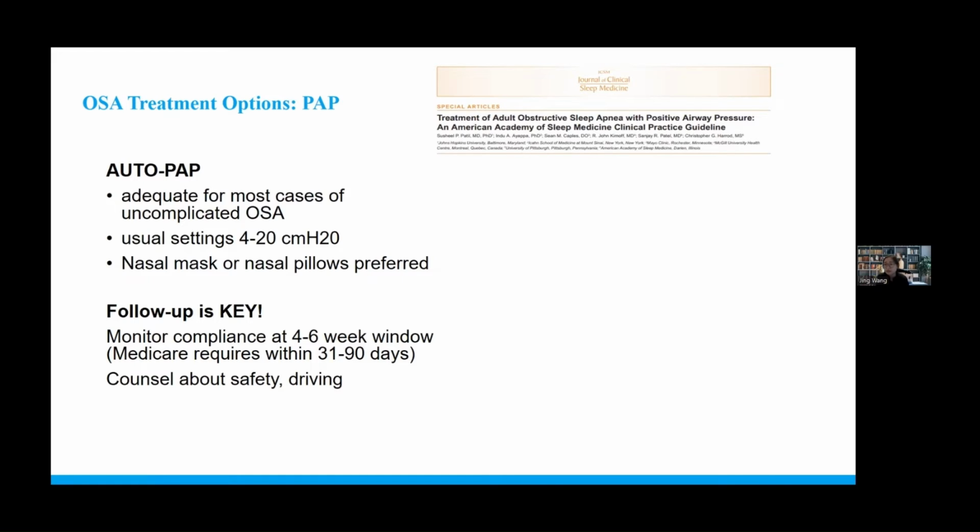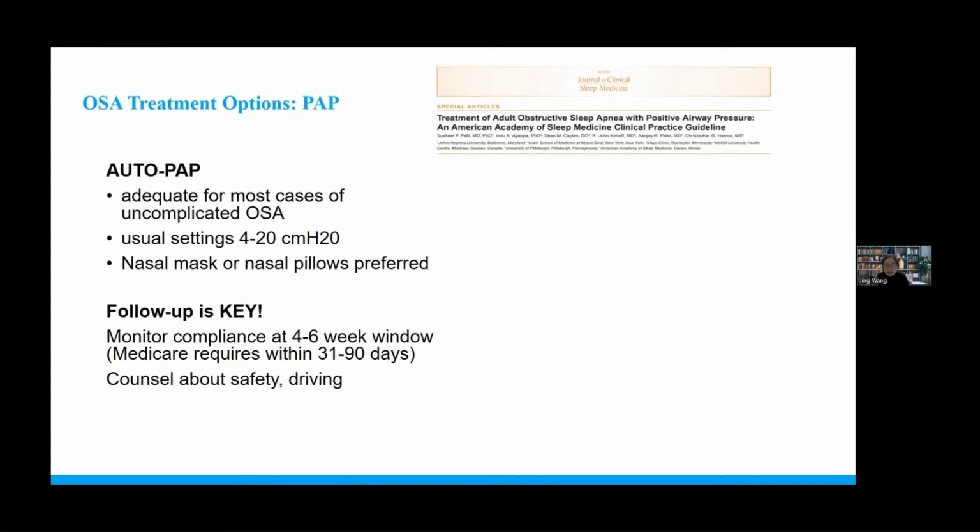And I know PAP is very familiar to this group. For the vast majority of patients who are diagnosed with uncomplicated obstructive sleep apnea, so no weird centrals on the sleep study, no evidence of sustained desaturation or sustained hypoxemia, for those patients, for an initial start, auto PAP is most likely going to be fine.